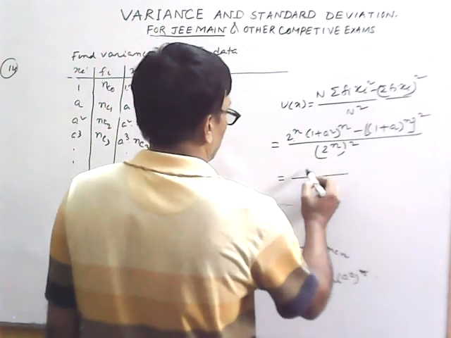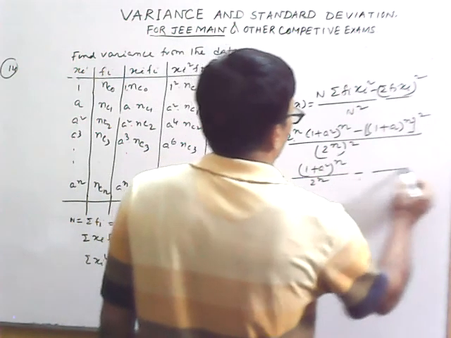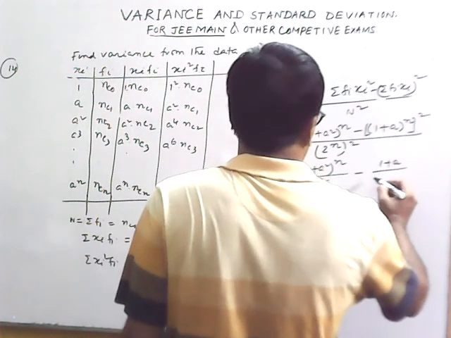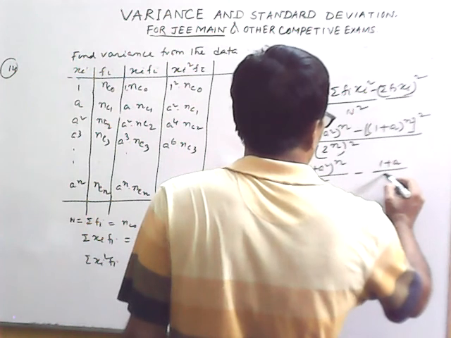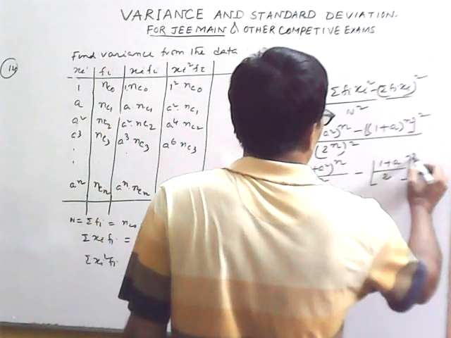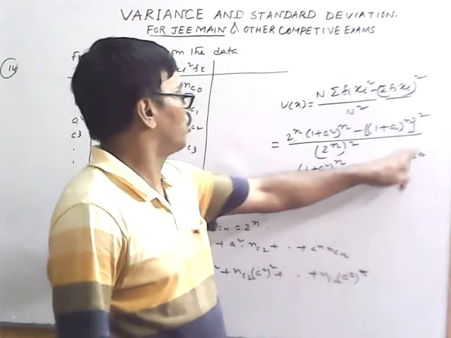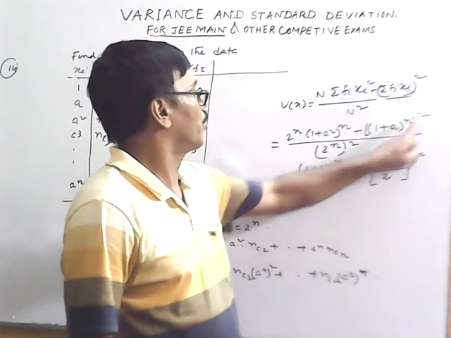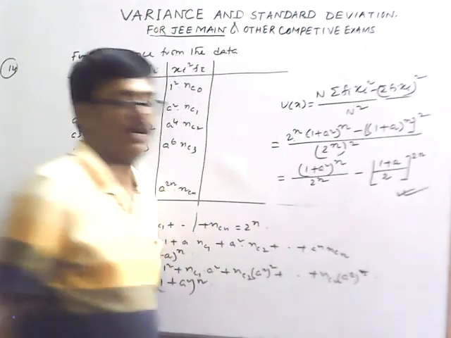This is 2 to the power n, 1 plus a square whole to the power n minus 1 plus a by 2 whole to the power 2n. So this will be our variance.